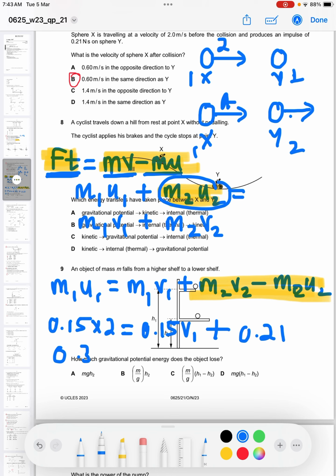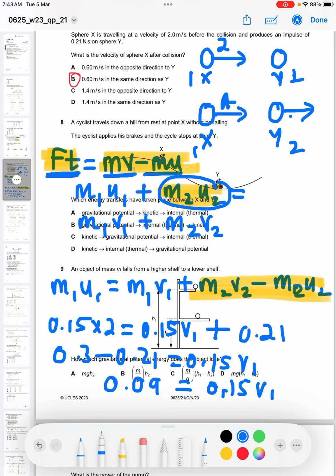If I take 0.21 to the other side, 0.3 minus 0.21 is 0.09, which equals 0.15 v1. I divide 0.09 by 0.15, which is 0.6. So v1 is 0.6.